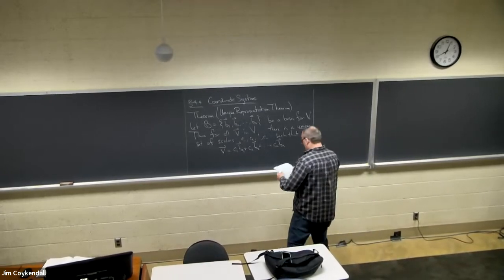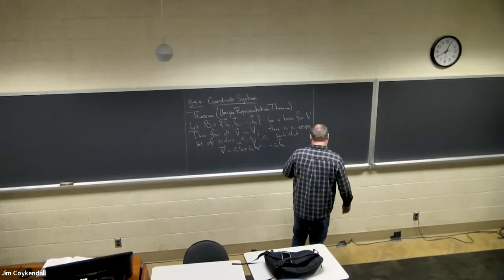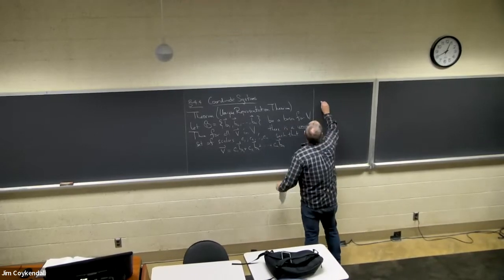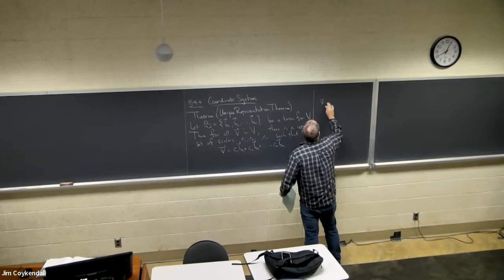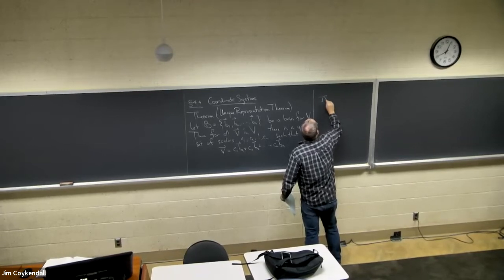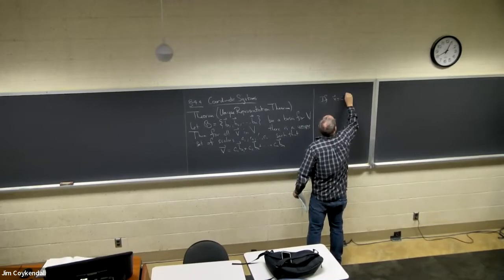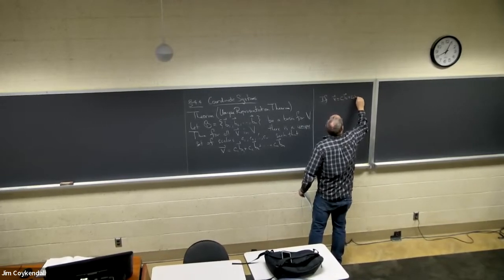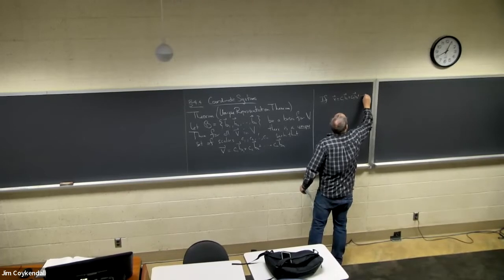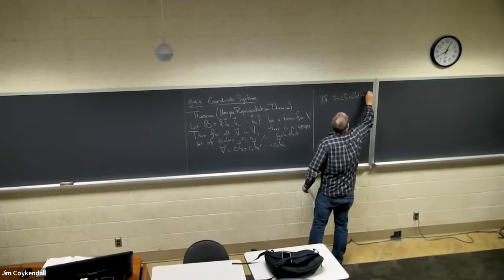So here's a notation. If v is equal to c1 b1 plus c2 b2 plus up to cn bn, then we write the coordinates of v.